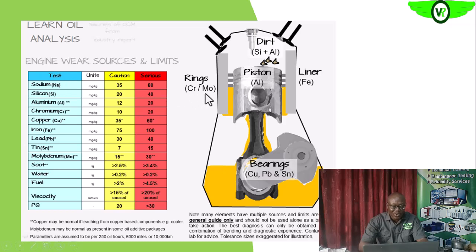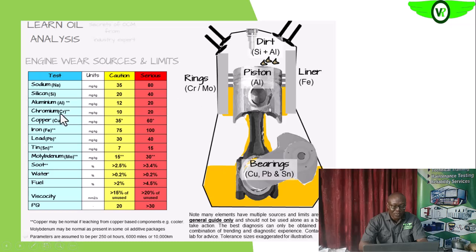Now all of these metals or components are used for the manufacturing of different parts of the engine. Like the rings, you see they are made of chromium and molybdenum.